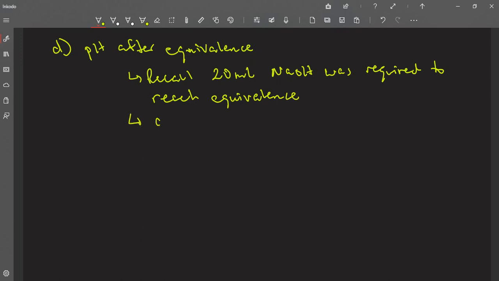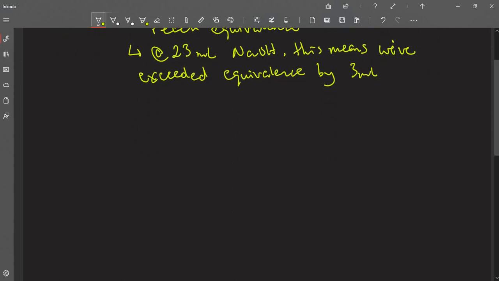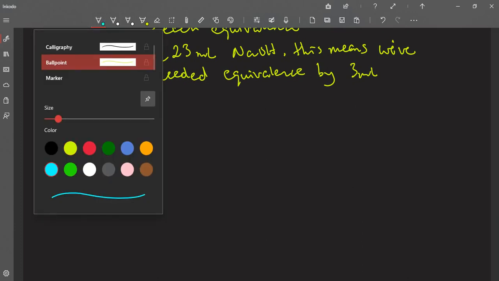Now, at 23 milliliters of NaOH, right, this means we've exceeded equivalence by 3 milliliters. So let's figure out how many moles we've gone over by.